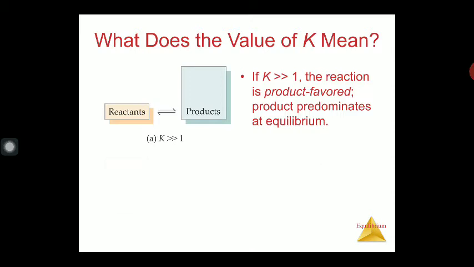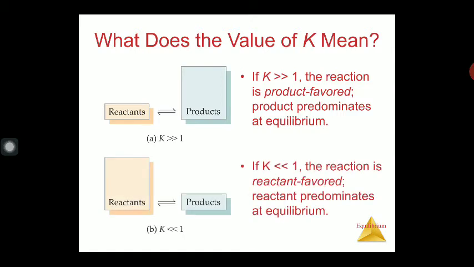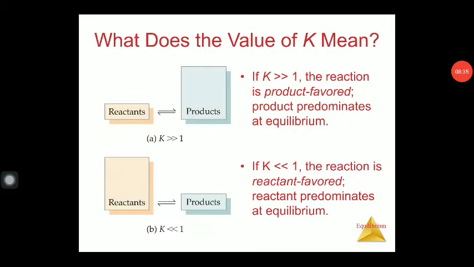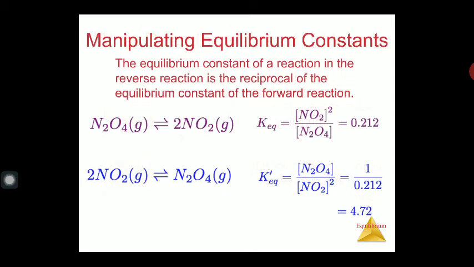And just vice versa of this condition, if the value of K is very much smaller than 1, in this condition we can find out the reaction is moving in the backward direction. So the direction of the chemical reaction can be estimated by knowing the value of K for the particular chemical reaction. Now manipulating the equilibrium constant.